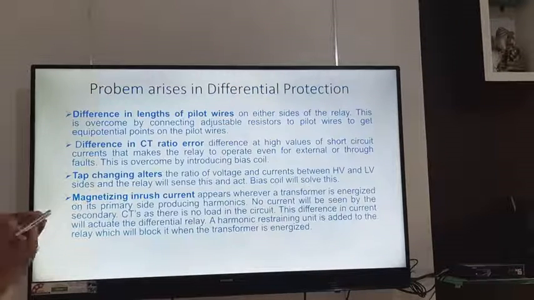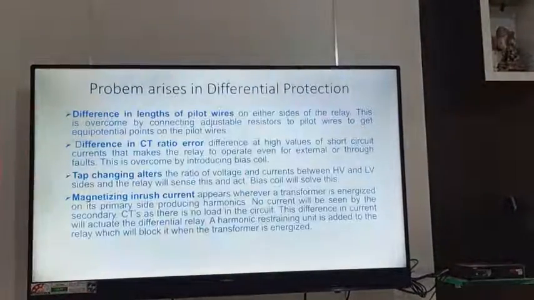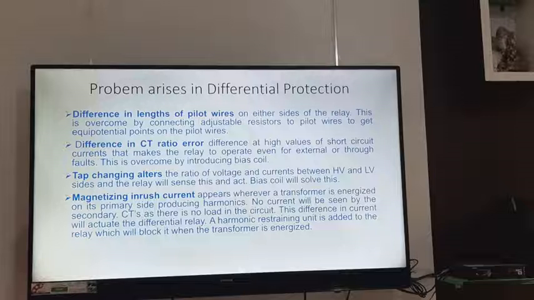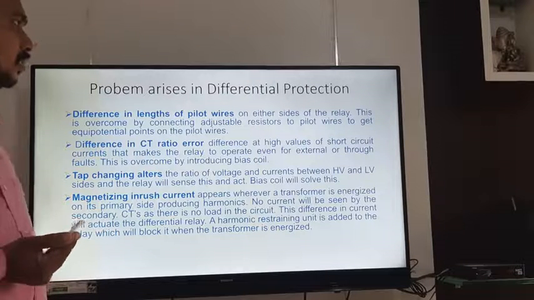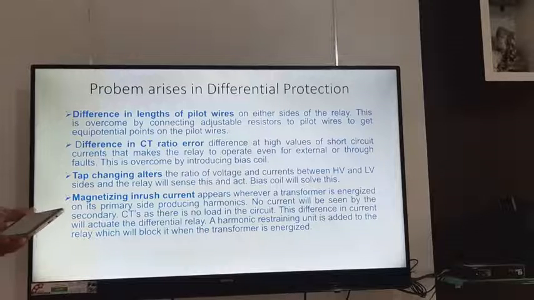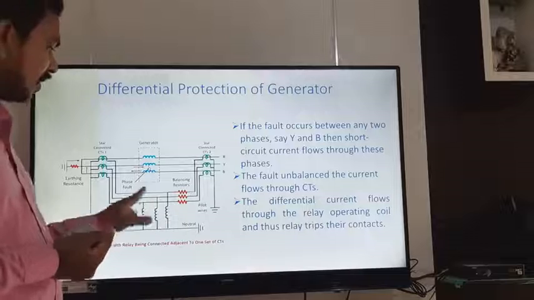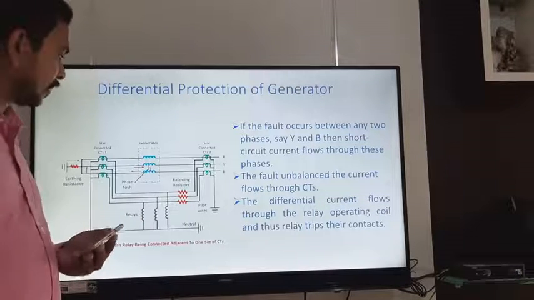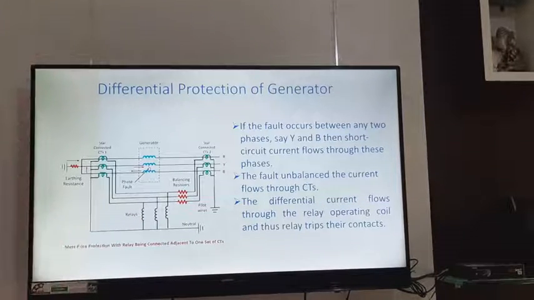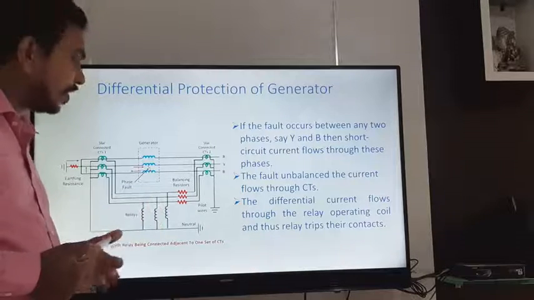Okay, now when we are using differential protection, some problems or difficulties arise. The first problem is the difference in length of pilot wire. Here we have to connect the operating coil of the relay at the midpoint of the pilot wire.